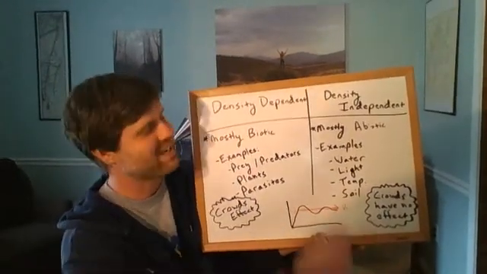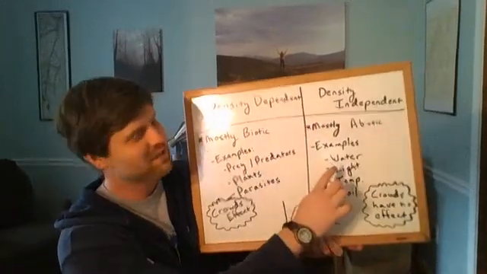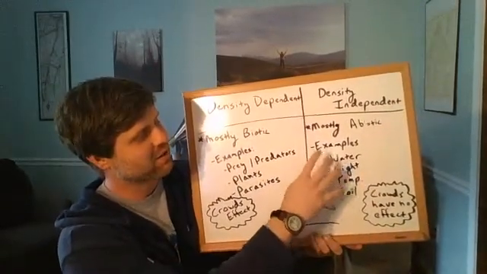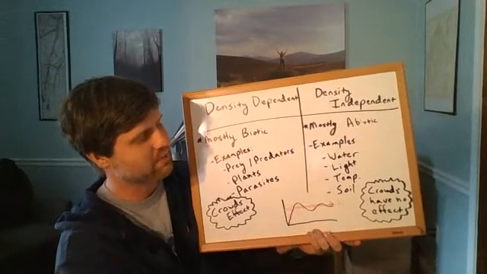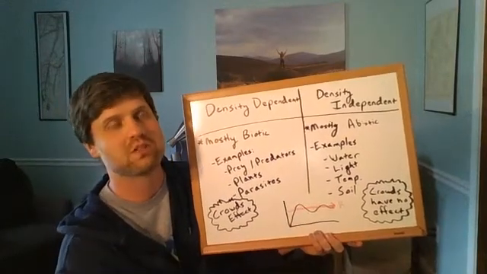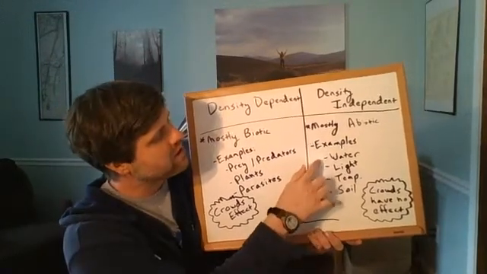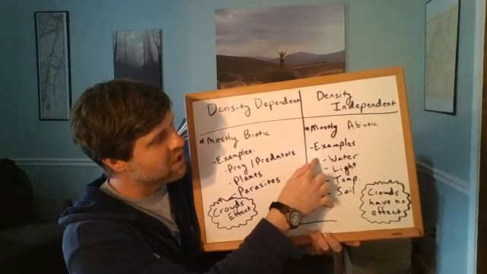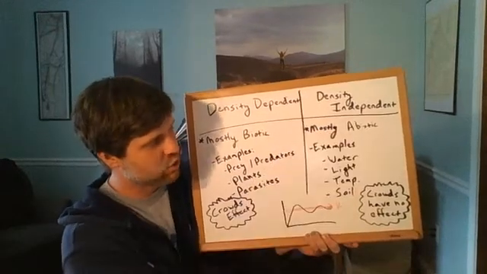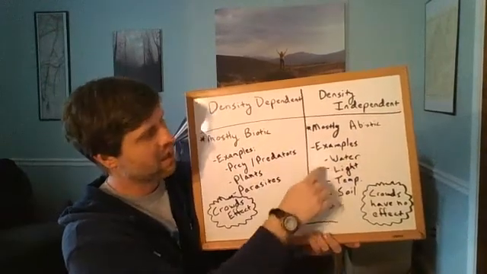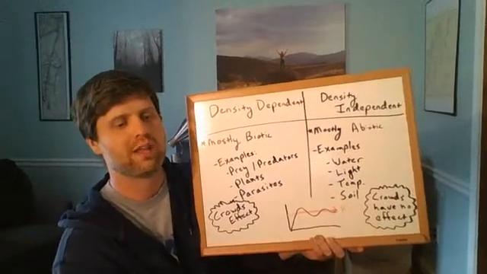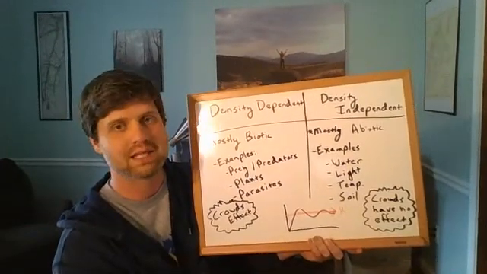So, the examples of abiotics are non-living things like water, light, temperature, soil. This is just a short list. There's many more. If there was not enough water to go around, then that can cause the population to drop, and water is not living. Light available for keeping the plants going.